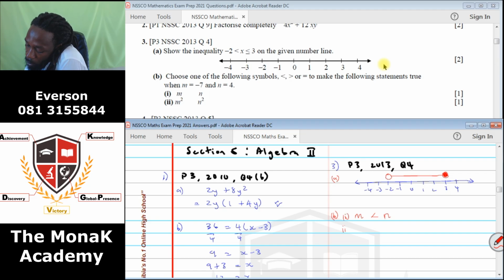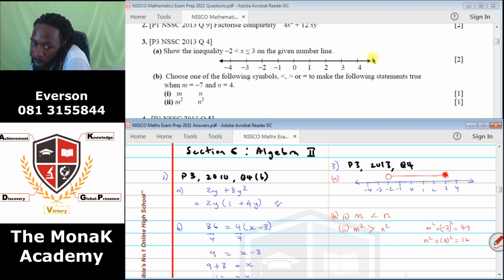And then number 2, what about m squared and n squared? So m squared equals to -7 squared, which is 49. N squared is 4 squared, which is 16. So definitely m squared is greater than n squared.